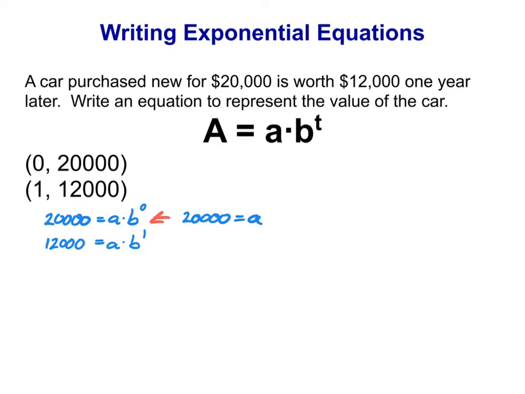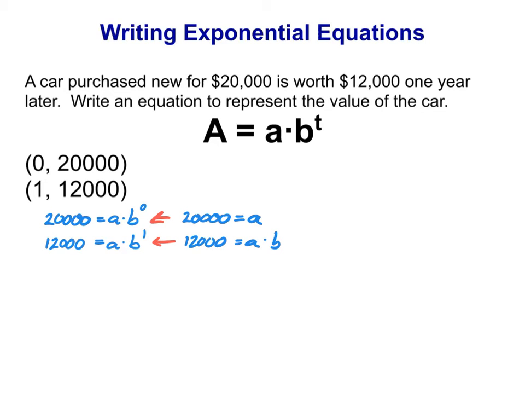Great, let's use that. So in the second equation, I can also simplify that just a little bit, not really too much though, because there all I can do is say that b to the power of 1 is just b. But that is at least simpler than seeing that power of 1 in there. But now what I'm going to do is take this value of a that I found from the first equation, and plug that in for a in the second equation.